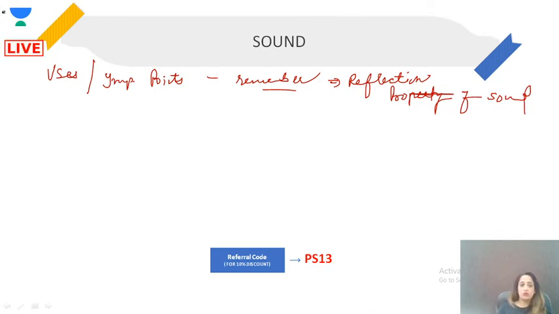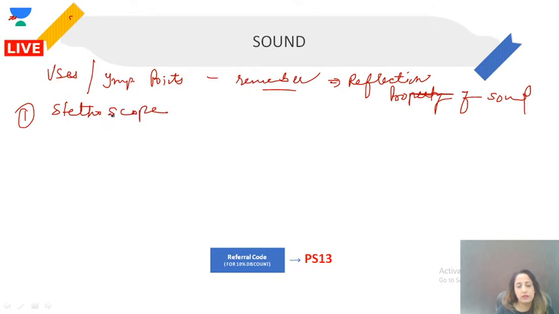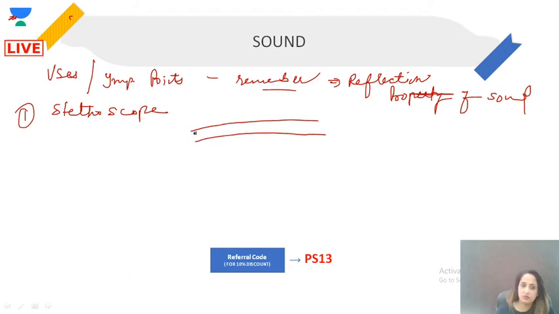So what all do we have to remember? First thing is, you must have seen a stethoscope, right? Doctors place a pipe on the chest of the patient and can listen to the sound, but how the sound is traveling is by getting reflected through the pipe, and then you can hear the sound.